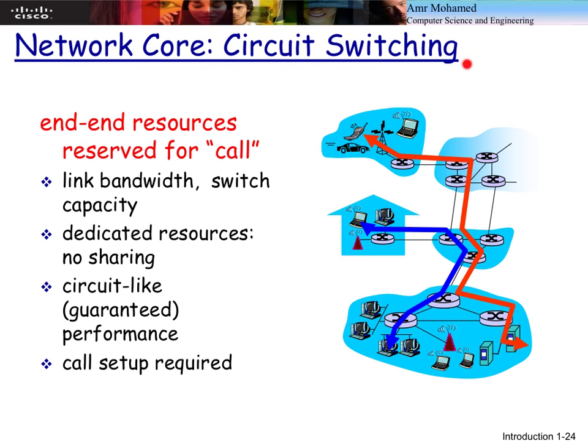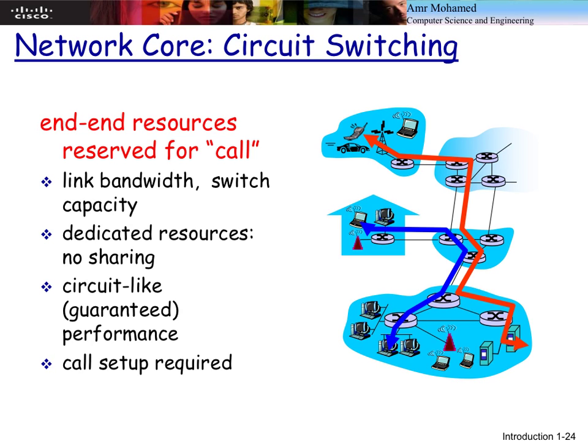So for circuit switching, the end-to-end resources are reserved for you all the time. That's why in circuit switching, the first thing you should do is establish the circuit. It's like you are constructing a pipe, and then you start using it. Once the call ends, you destroy that pipe.